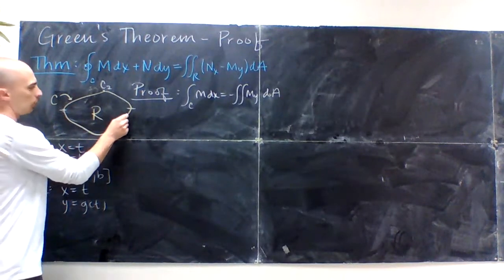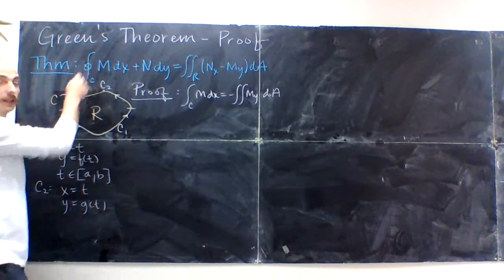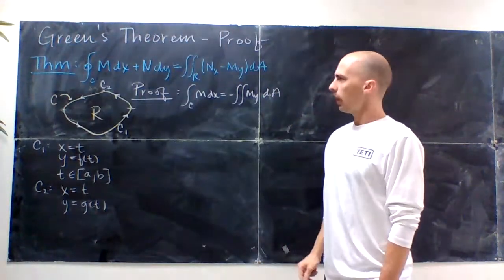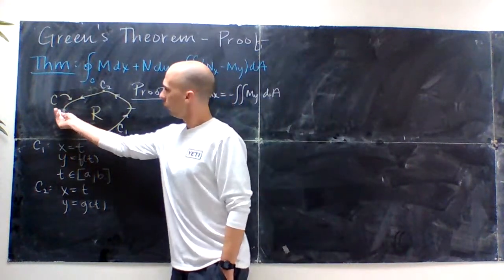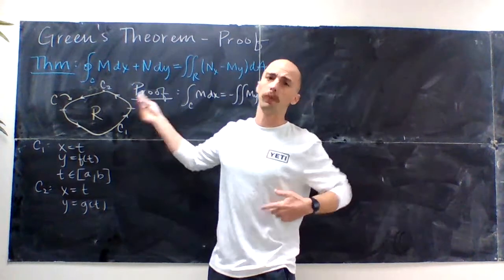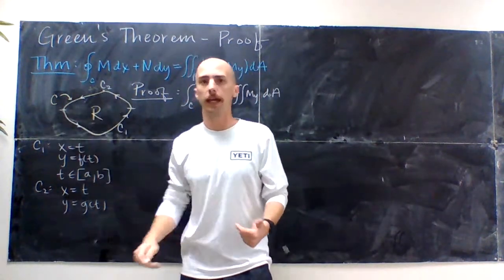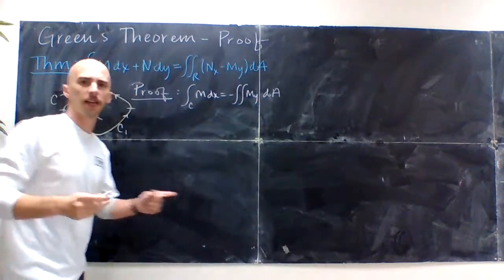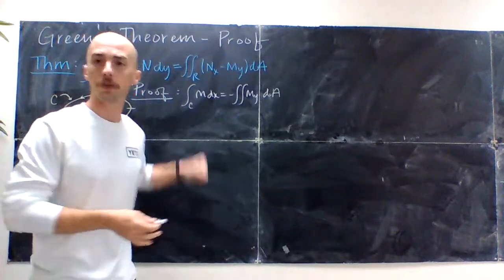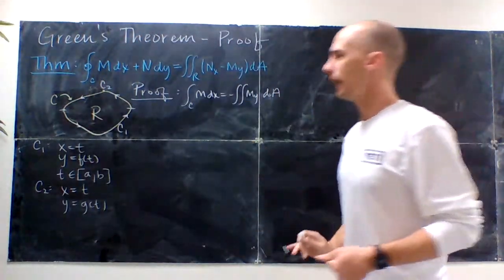But, up to the orientation of this curve, if I keep that counterclockwise direction, which I need in order to use Green's theorem, here on C1, the curve is going to go from a to b, but on C2, if x is equal to t, then it's going to go from t equals b back to t equals a. And we want to have the same bounds of integration so we can eventually squash them together and get ourselves a double integral. So what we're going to do is look at negative C2.